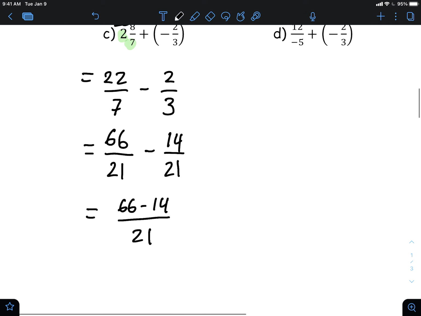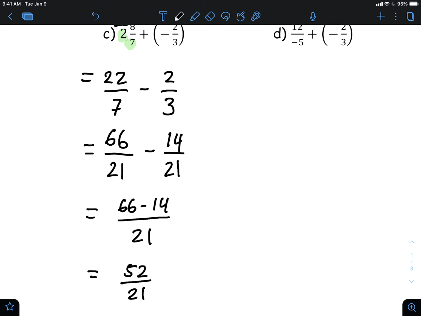But yeah, what's the difference between 66 and 14? Can anyone do that in their heads? Yep. 52, exactly. So that gets us 52 over 21. And I don't believe that can be reduced either. So that's where we'll leave it.